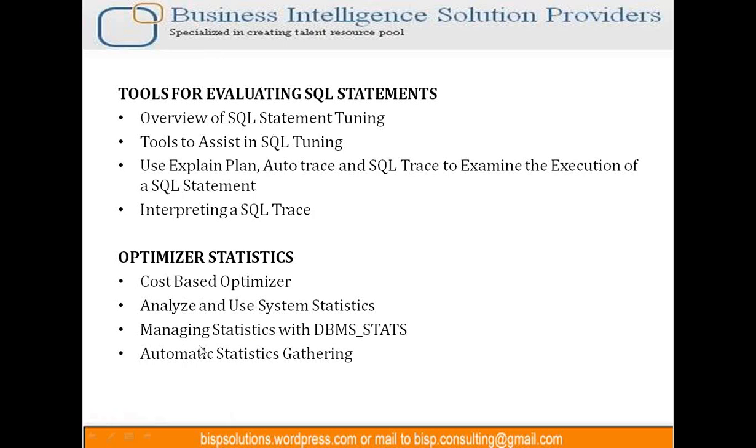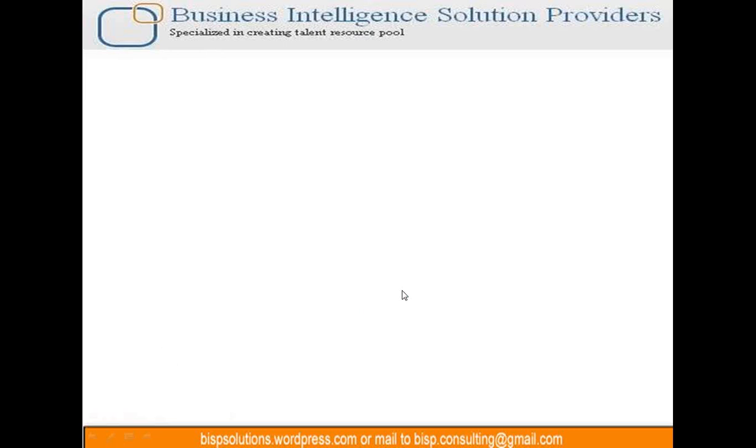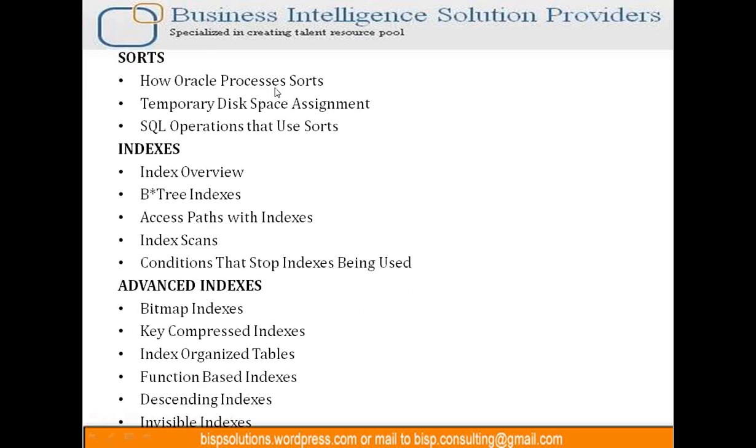Then we will understand what the different types of optimizers are and how they create the execution plan. So the optimizer is a very important part in execution, as it is the one which is responsible for creating the execution plan. Then we will have a look at sorts as well as join methods.